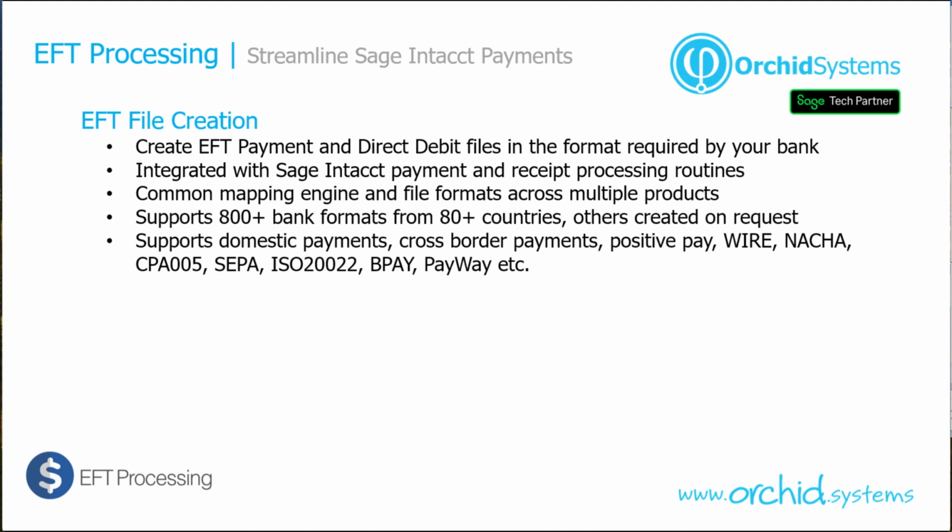We support all the types of domestic payments, cross-border payments, positive pay, wire payments, NACHA or the North American Clearinghouse, the CPA 005 standards for Canada, SEPA for Europe, ISO 2022, BPay in Australia, Payway, etc. We also support user-definable formats if you want to create your own formats.